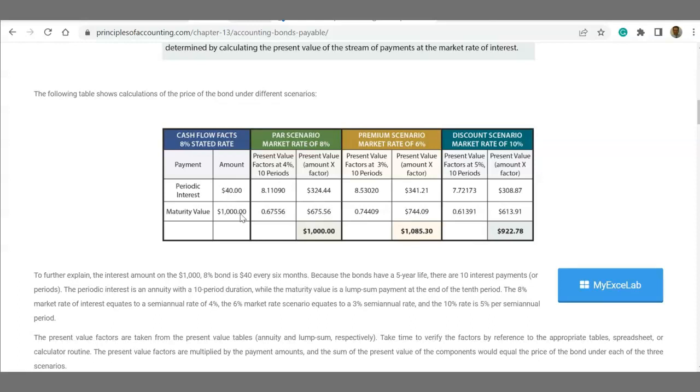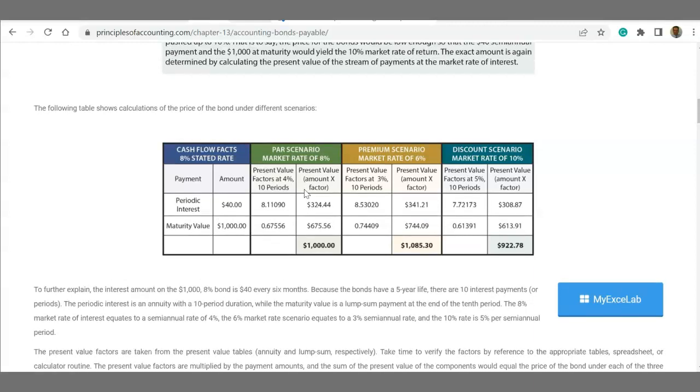So if this bond is issued at $1,000, every 6 months the investor will get $40. At the maturity, let's say 5 years from now, this is a bond for 5 years.